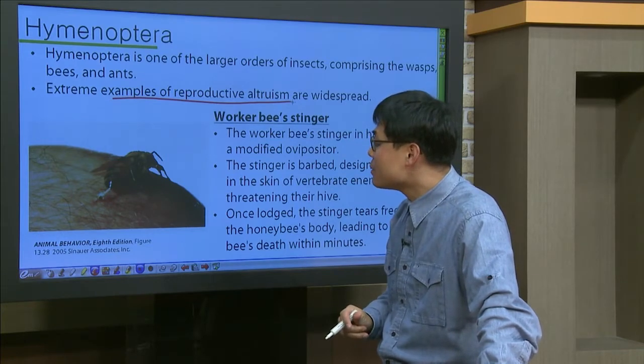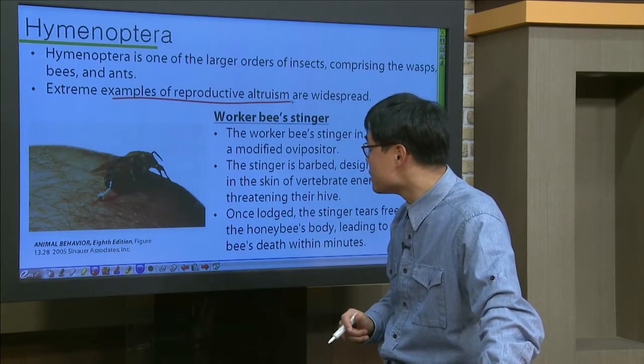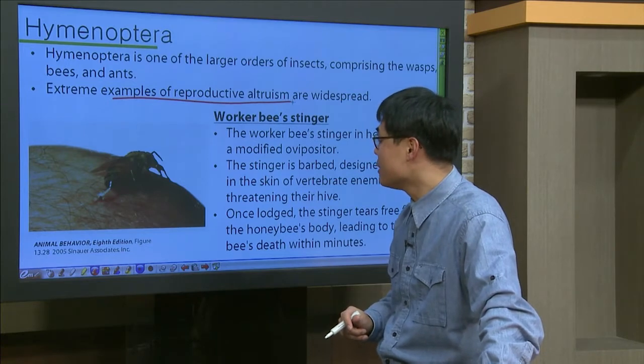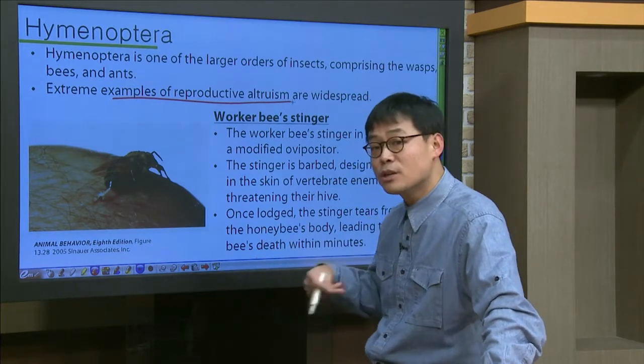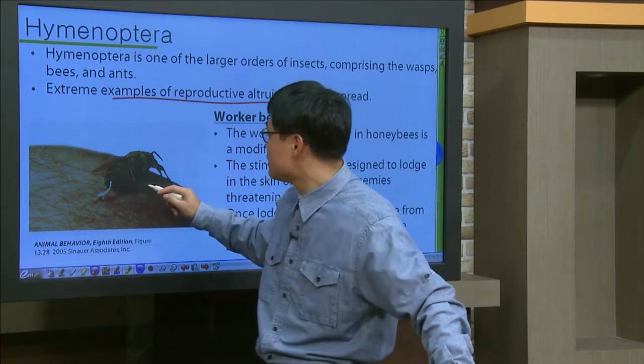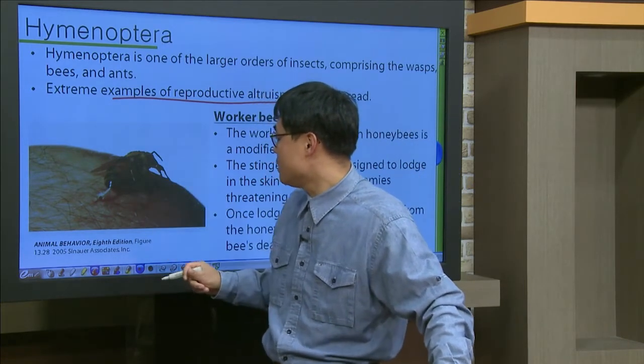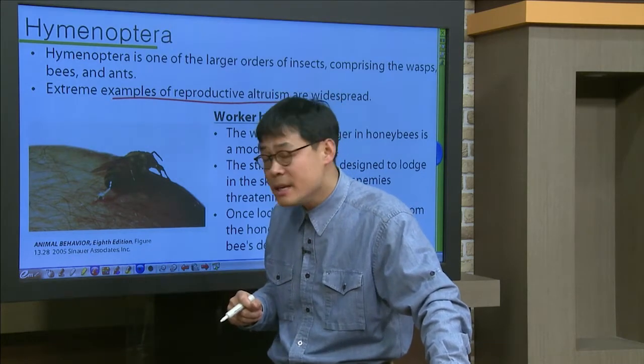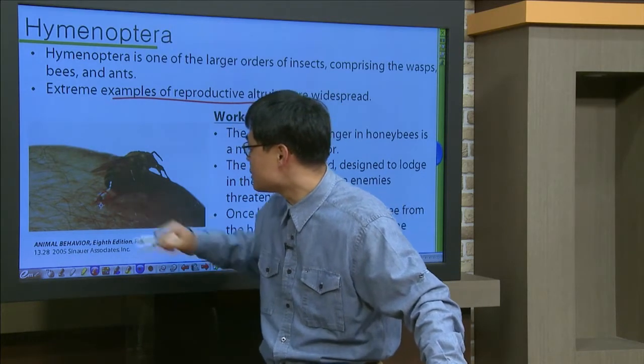One of the puzzles in Hymenoptera is that they sacrifice themselves to the point that they do not reproduce. You have probably experienced being stung by a bee, and this is the stinger.